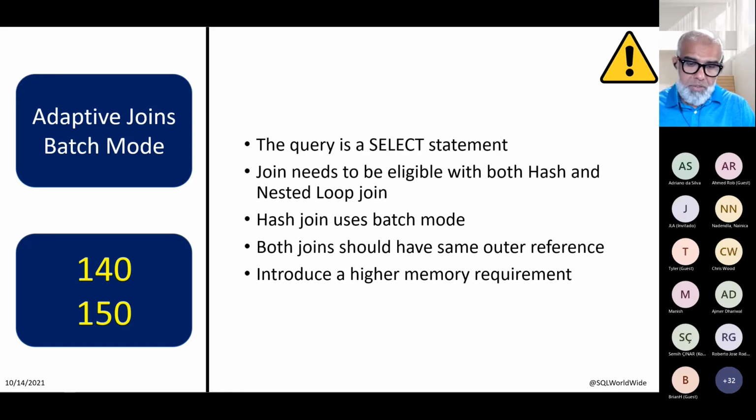Plus, it always has to first check the hash probe table and see how many rows are there, and based on that, it has to decide. Again, this is good for batch mode. But as I said, if you have a row mode query that qualifies for batch mode, you automatically get the advantage of this. And a lot of this will get clear once we go to the demo.